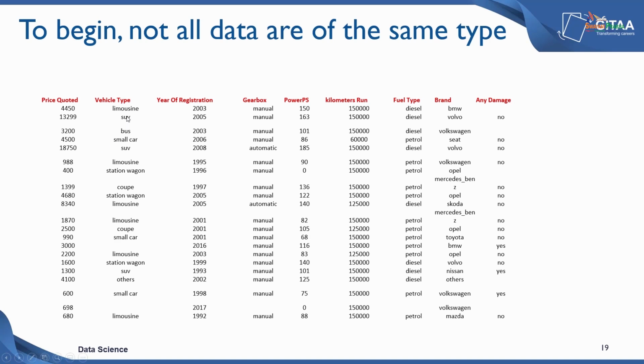When you go to the kind of gearbox, you might find 70% of this. If you look at this data, probably 95% is manual gearbox, and there are only two pieces which are automatic gearbox. So the idea of a central tendency is to understand defining characteristics in terms of a value of a particular variable.